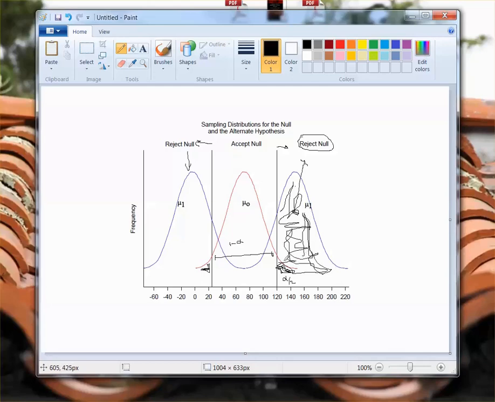So it's this area that I'm scribbling in right here. Well, this would be a correct decision, right? You've rejected the null hypothesis when you should. So hopefully as you're following along here, you recognize that this is 1 minus beta. That's the area that's there. And in reality, it's the same area out here, 1 minus beta, okay? But for convenience sake, I'll just draw only on one side.